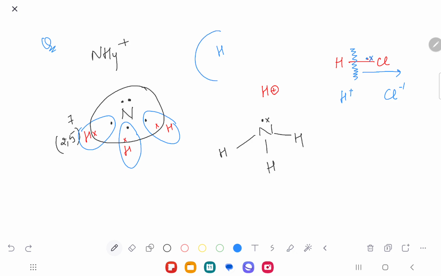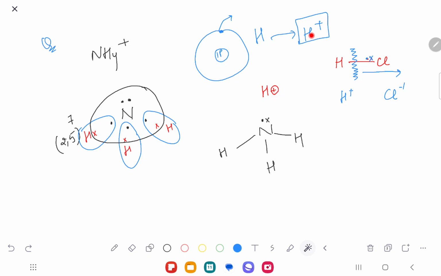It was an atom whose nucleus had one proton and one electron, the neutral hydrogen atom. But if somebody takes away the electron of hydrogen, it becomes H plus. So H plus is an ion that is extremely deficient in electrons.